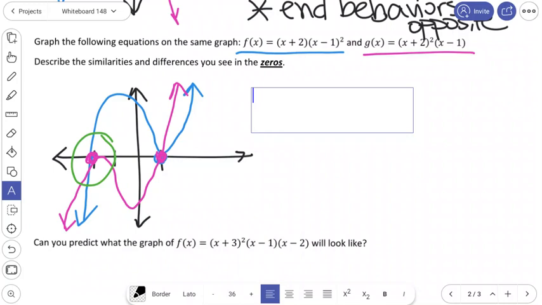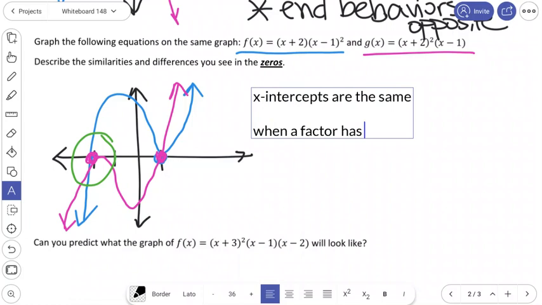So the first thing I want you to recognize is that your x-intercepts are the same. But when we have a factor that has an even degree or an even exponent, your graph is only going to touch the x-axis.